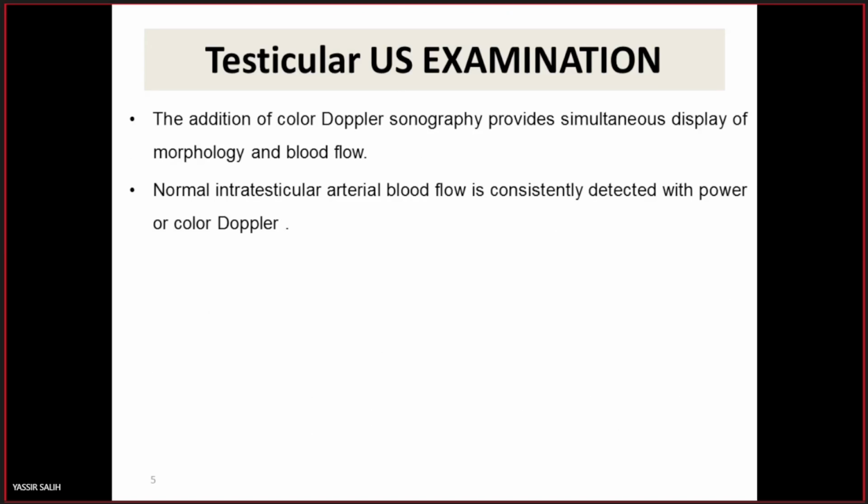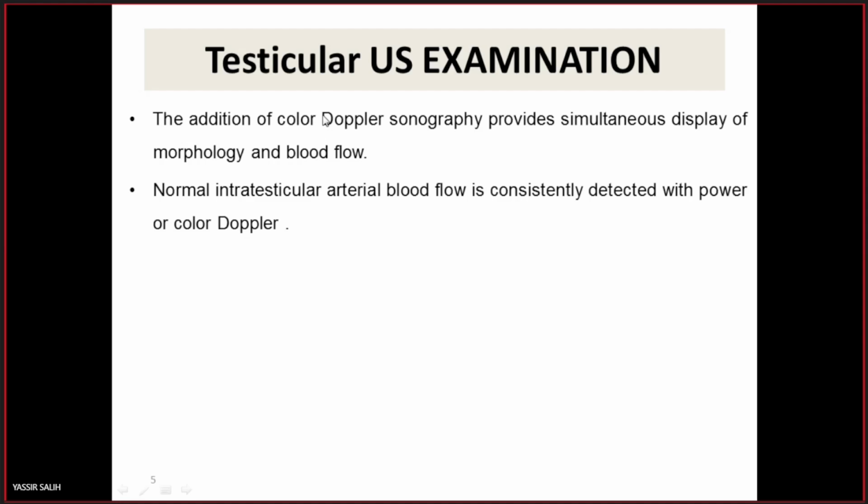For assessment of the testes, again we have to use Doppler ultrasound, because color Doppler sonography provides simultaneous display of morphology and blood flow. This Doppler technique helps us in assessment of the morphology of the testes and blood flow, because black and white ultrasound can be used for assessment of the morphology of the testes, but not blood flow.